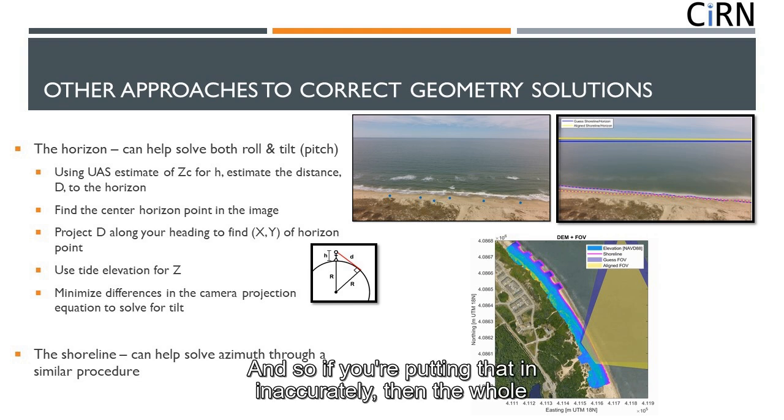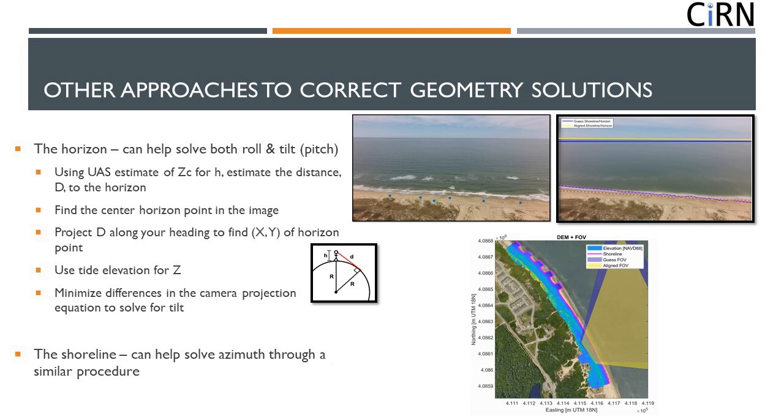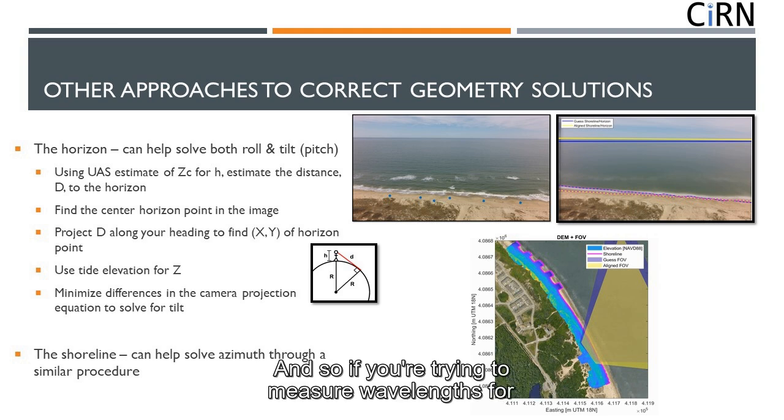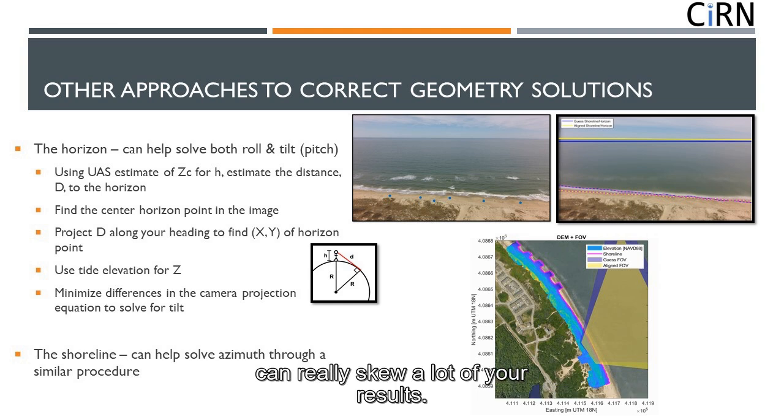If you're putting that in inaccurately, then the whole surface that you're projecting can stretch your wavelengths too much or shorten them too much. So if you're trying to measure wavelengths for something like CBATHY and you have an incorrect tilt, you can really skew a lot of your results.